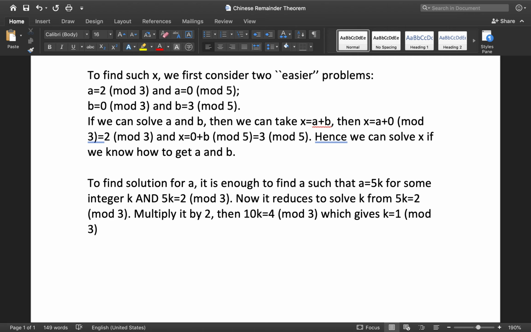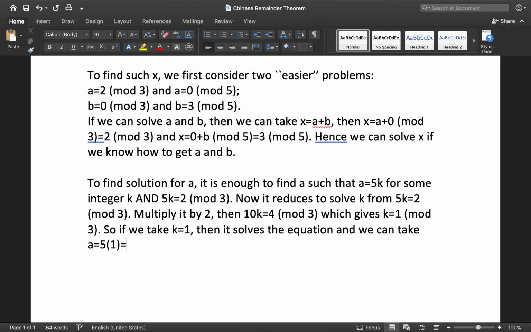But here, at least we can find one particular solution. So if we take k equal to 1, then it solves the equation, and we can take a equal to 5 times 1, equal to 5.